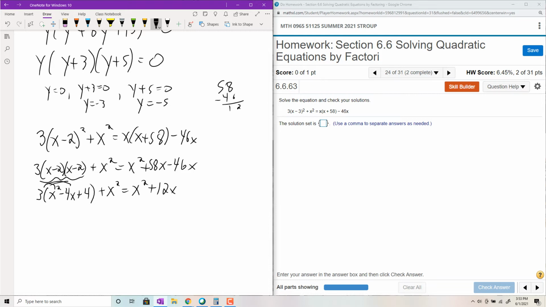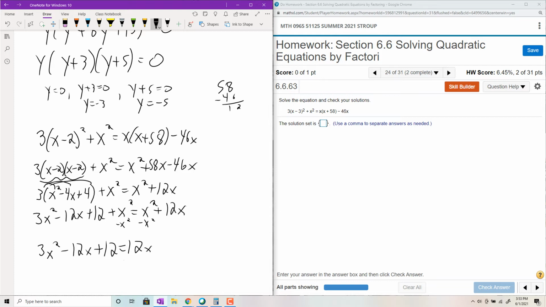I'll distribute here. And then I'm going to set it equal to 0. So if you subtract x squared from both sides, the x squared will be gone. And then subtract 12x on both sides. And you're going to get 3x squared minus 24x plus 12 is 0.